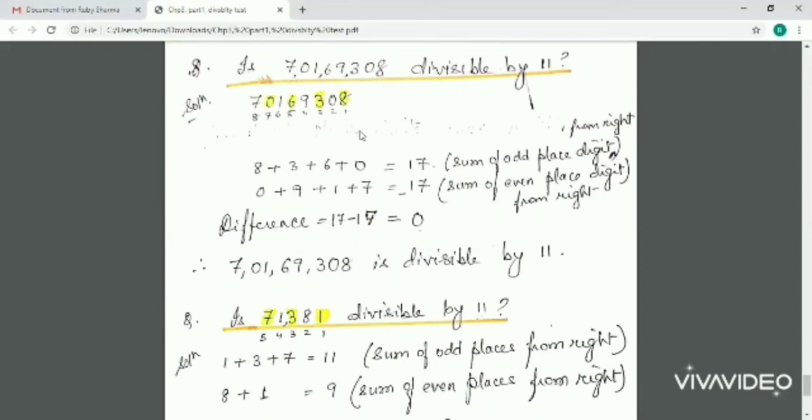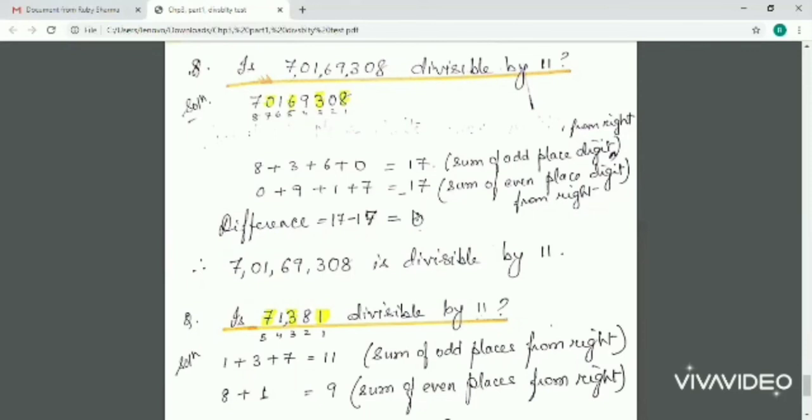Now I found out the sum of the even place digits from right. From the right, this is the even place, the second place. The fourth place digit is 9. The sixth place digit is 1. The eighth place digit is 7. These are the places. So I take 0, 9, 1 and 7 here and I add up.